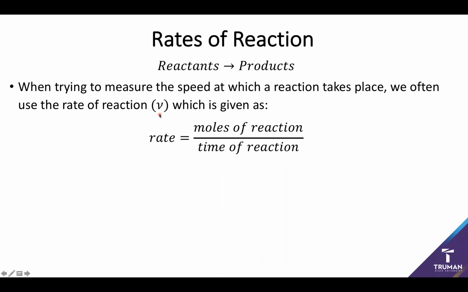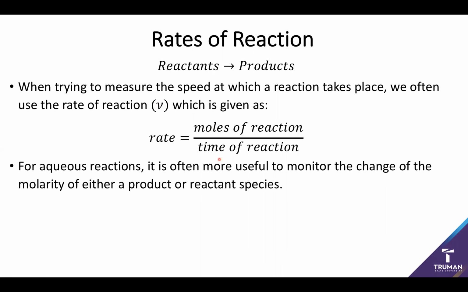However, some textbooks and resources will use the Greek letter nu to illustrate that this is a speed we're talking about. One of the simplest ways we can analyze rate is just seeing how many moles of reaction, again, accounting for stoichiometry, which we'll talk about in a bit, occur in a given amount of time. However, one of the things that is a little bit pesky is that when we're looking at aqueous reactions, instead of looking at moles of the overall species, we're going to be looking at molarity.